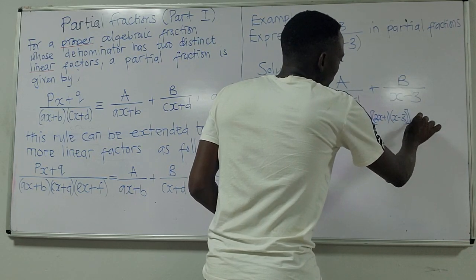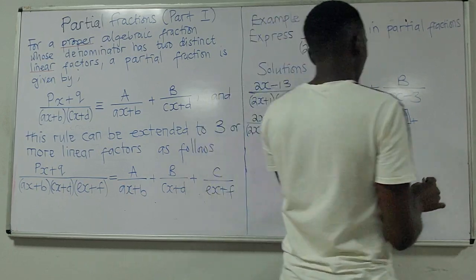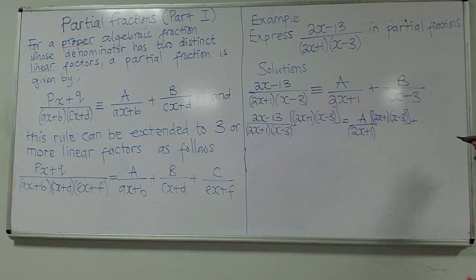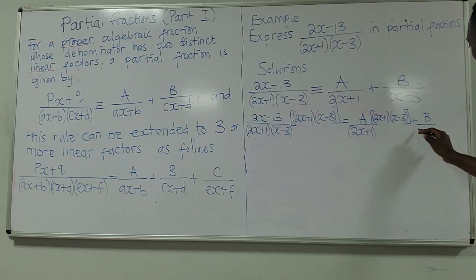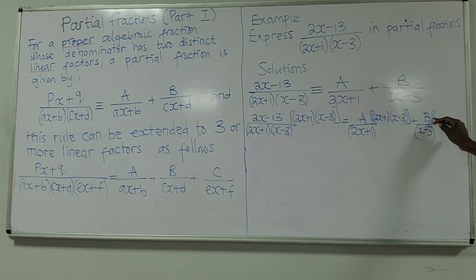Bear with me, I am working with space, so that's why now I'm reducing the font. B over x minus 3. We are multiplying this by 2x plus 1 multiplied by x minus 3.